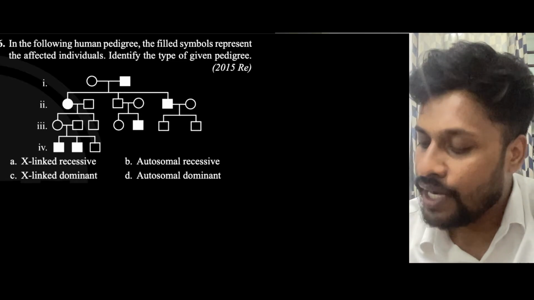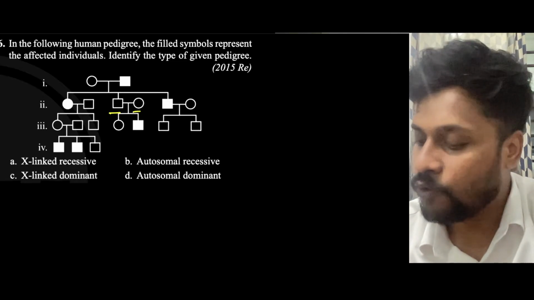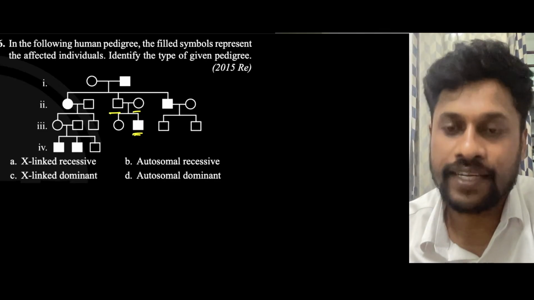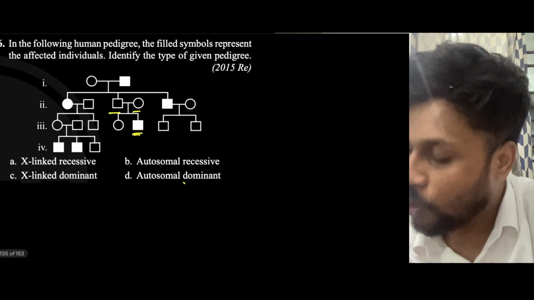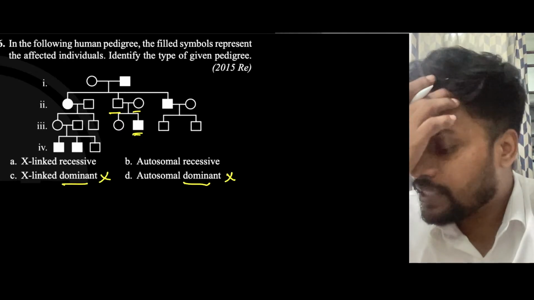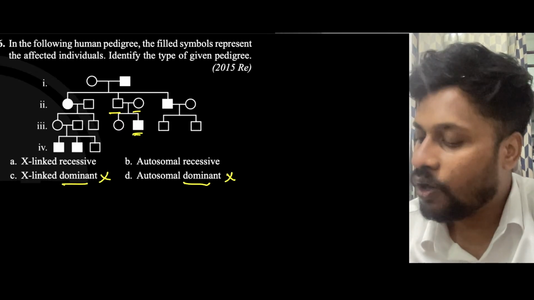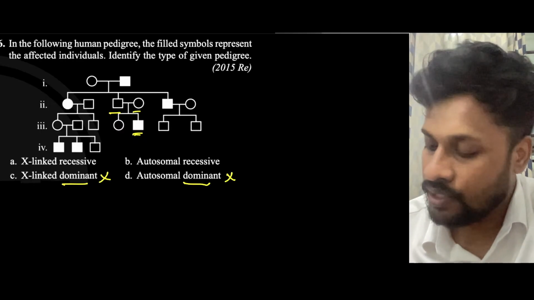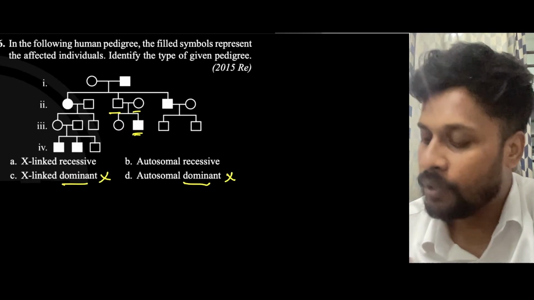Here none of the parents are diseased, but one kid is affected. Hence, it is not a dominant disorder. We can remove it. Now the question is whether it is X-linked recessive or autosomal recessive.